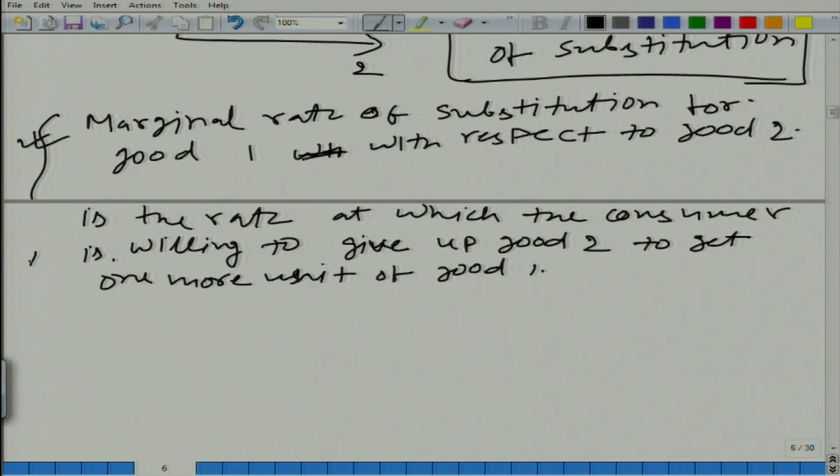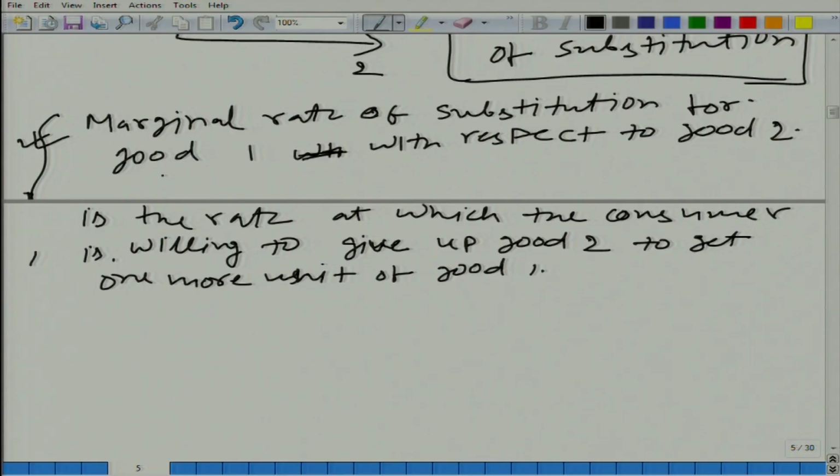What is the price of that good in the market? So, it is a bit different, but the concept is very similar. We will talk about the opportunity cost when we talk about the budget constraint, because there the budget constraint relates to what the market rate of exchange is. This is your individual rate of exchange. You understand? That is why it is a bit different.